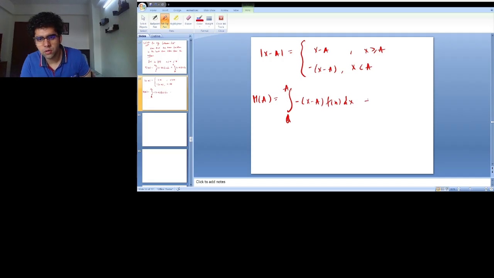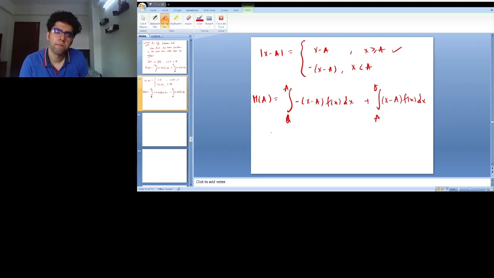And this second part will remain as it is because my domain here is x greater than A, so x minus A is positive, and this will become the integral from A to b of (x minus A) f(x) dx. So now this is my function for finding the deviation of x from any point A that lies between a and b.